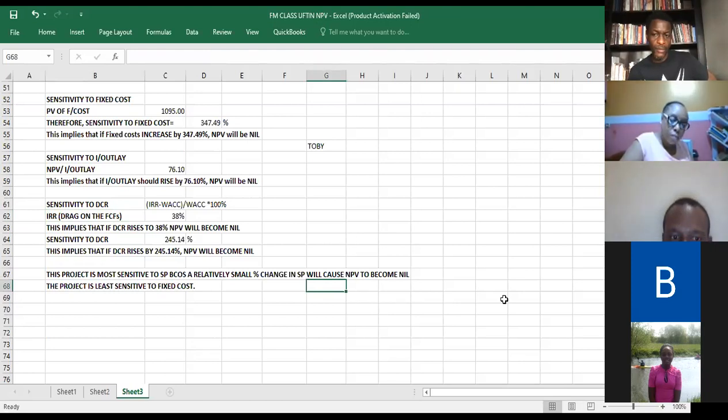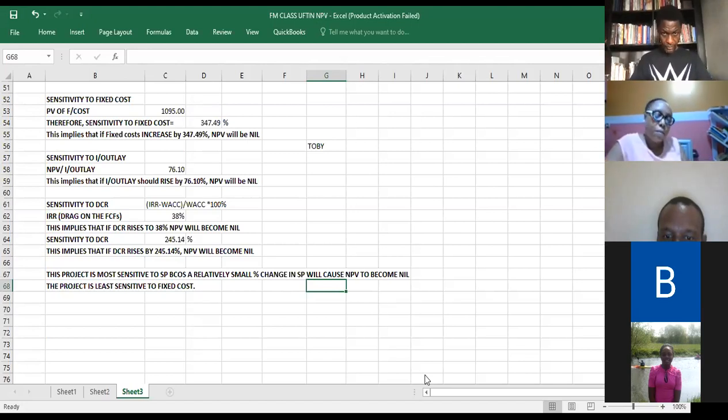Any question? Please, the sensitivity calculation, is it possible to be on one screen so we can save that part? It's more than one screen.